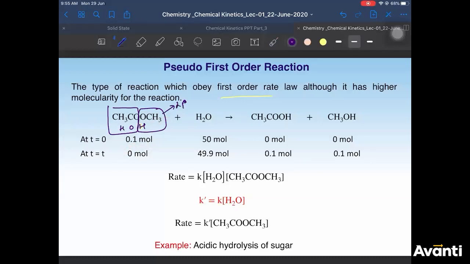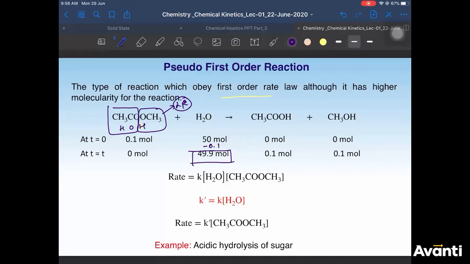Ester was your limiting reagent, right? So you can see from stoichiometry, 1 mole reacts with 1 mole of it, correct? So 0.1 would have reacted with how much of it? 0.1. So how many moles of water reacted? 0.1. How much water is remaining? 49.9. So now what is the change in concentration of water from 50 to 49.9?